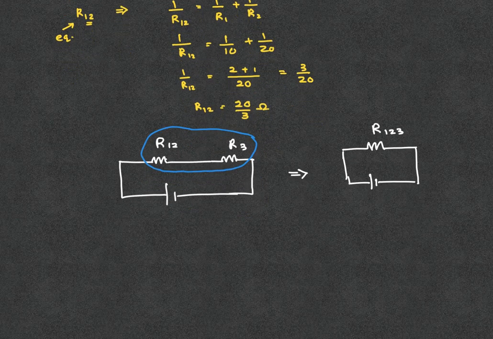Now to find R123, we are simply adding those because the two resistors are in series, right? So R12, we found it as 20 over 3, plus R3.